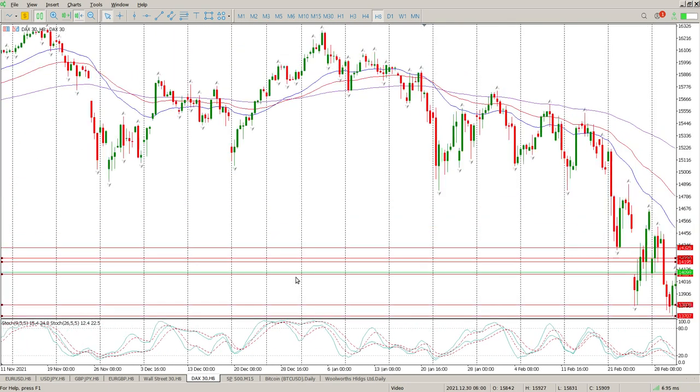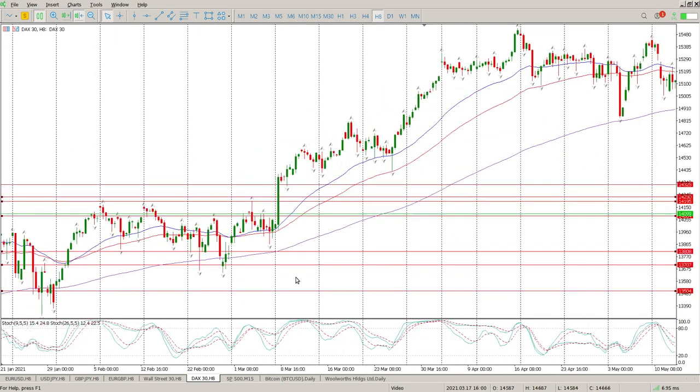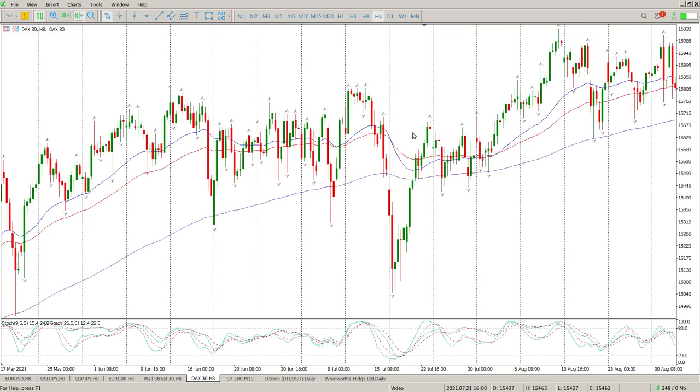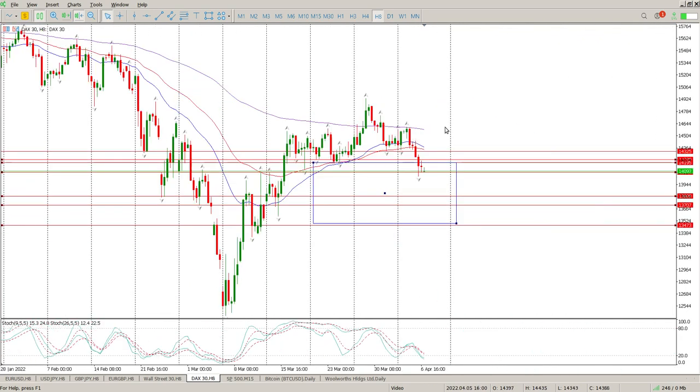Unfortunately, I don't see much, probably something to the left. There we go. So there's your structure to the left, and quite far back to the left. So anyway, those are the three downward targets if we start breaking below this area here. So 14084, break and retest of that, then you're looking at these levels.